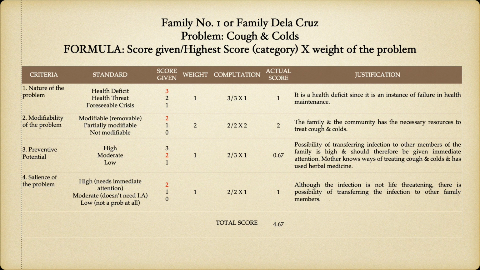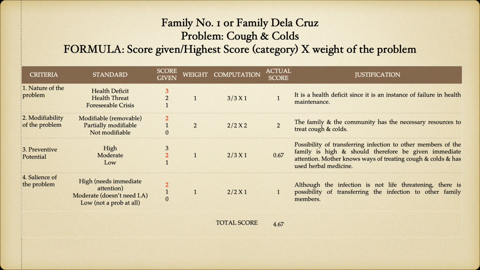So the actual score is 1. The justification of that, since we will always be providing justification, is it is a health deficit since it is an instance of failure in health maintenance.